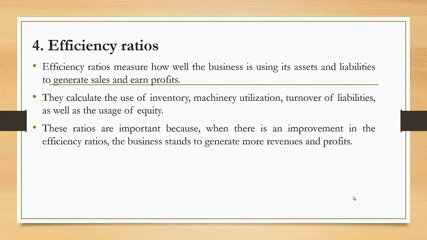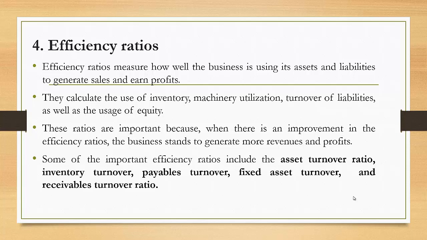These ratios are important because when there is an improvement in the efficiency ratios, the business stands to generate more revenues and profits. Some of the important efficiency ratios include the asset turnover, inventory turnover, payable turnover, fixed asset turnover, and receivable turnover ratio. We will discuss all these ratios one after the other.